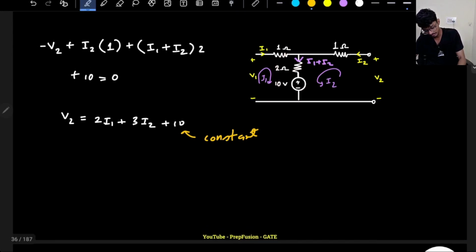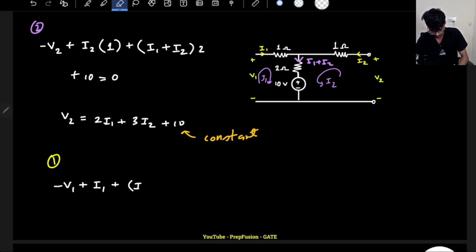So same KVL, this is the KVL 2, and the same KVL 1 if I write, okay, this will be minus V1 plus I1 plus I1 I2 into 2 plus 10 equal to 0.